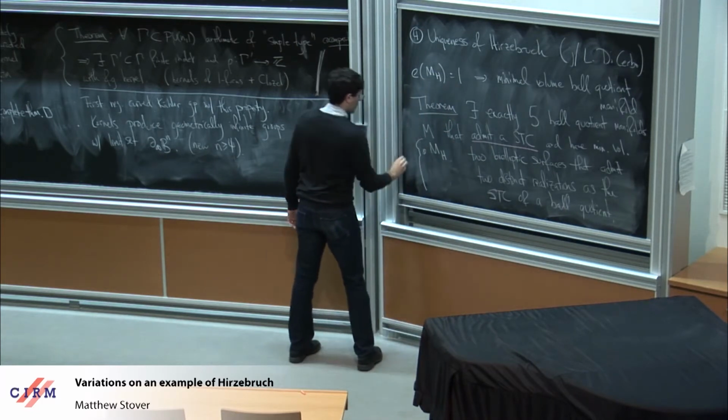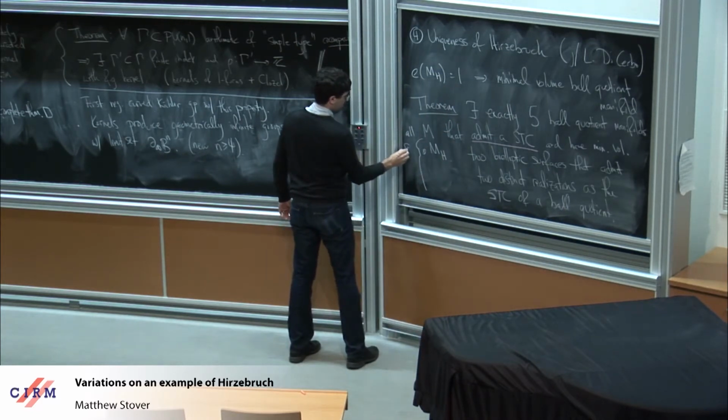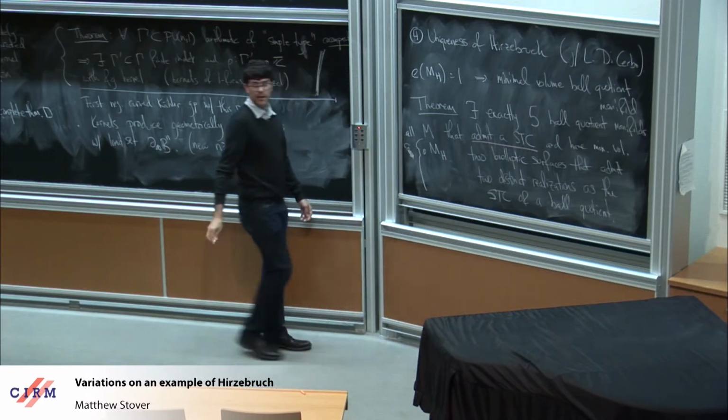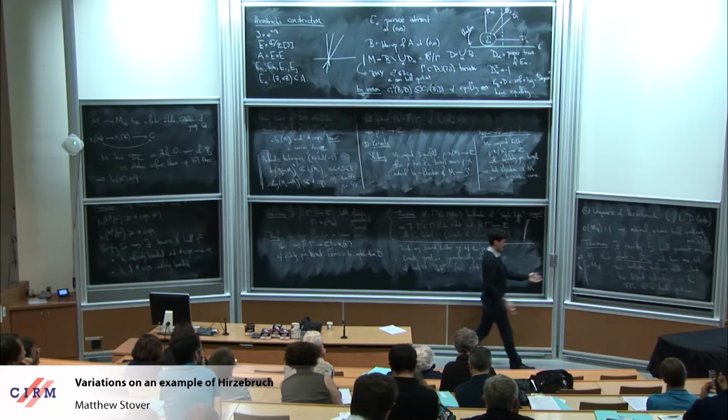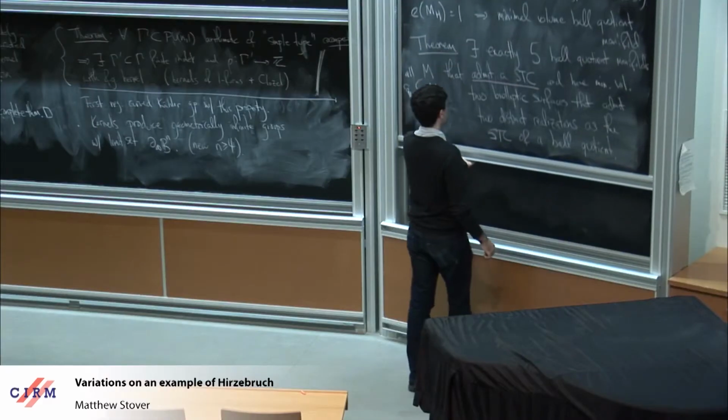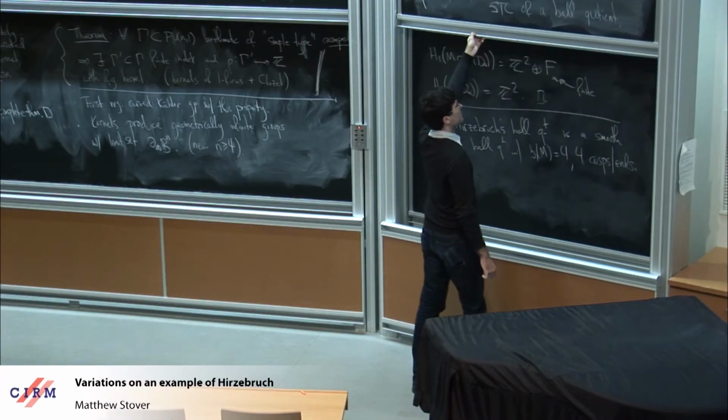And these are all commensurable. So they share a common finite sheeted covering. So the lattices in the ball are all arithmetic and so on and so forth.